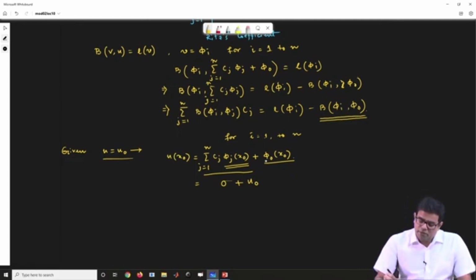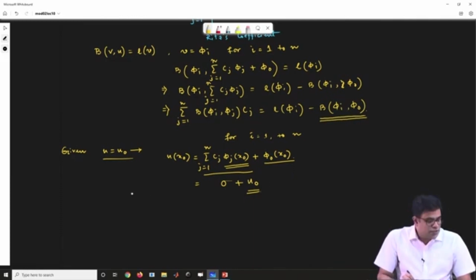So phi 0 will be u0. What I mean by this is that phi 0 of x0 being u0 means that my approximation of u(x) always satisfies the inhomogeneous Dirichlet boundary condition, or the kinematic boundary condition. This way, we can proceed and solve the problem.